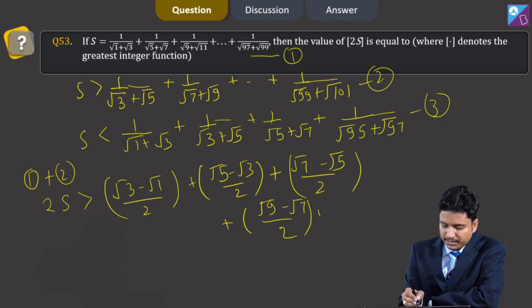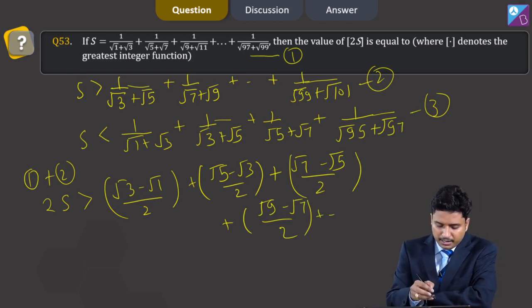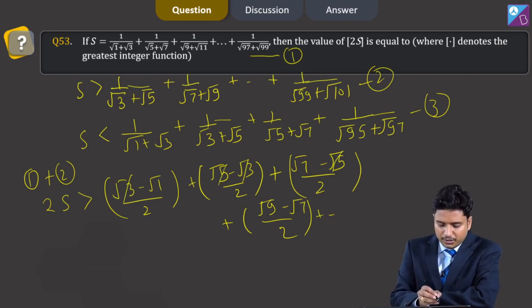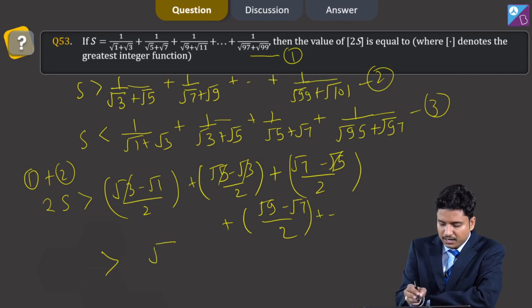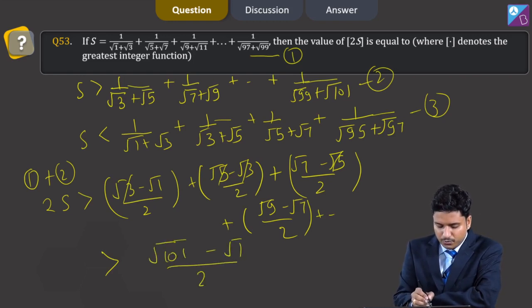Now you can see that cancellations are starting: root 3 is getting cancelled, root 5 is getting cancelled, and in this way you will get greater than root 101 minus root 1 divided by 2. 2s will be greater than this, so s will be greater than 2.27 approx, right?